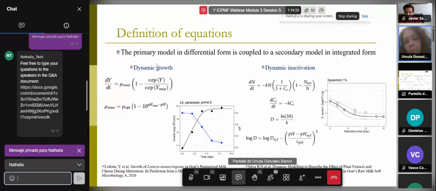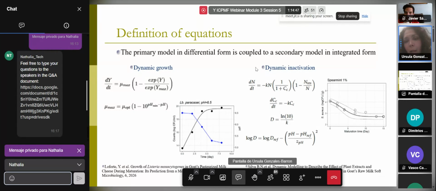Here I put two different articles produced by our research group where you can have a look. A dynamic growth model, in this case, was for lactic acid bacteria inoculated in fermenting milk. So we had pH dropping.